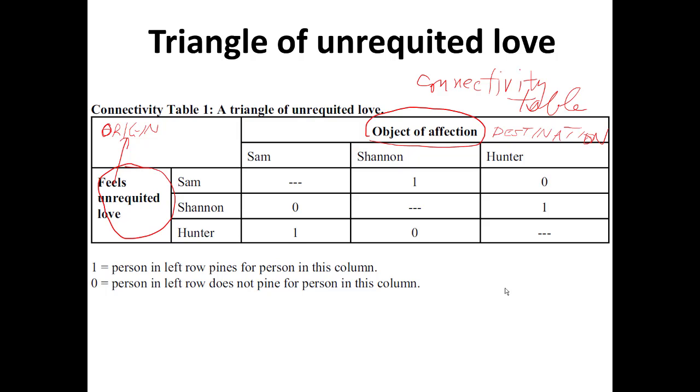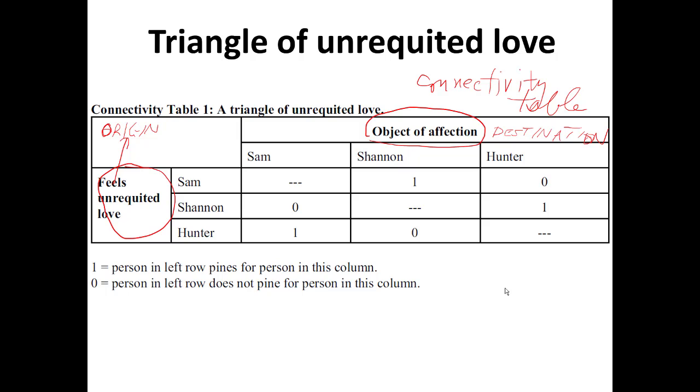And so what we see here is that Sam, we are assuming, and it's entirely possible you've probably all met people who like themselves more than they like anybody else, but we're going to assume that romantic love, at least in this system, has to be directed outward.